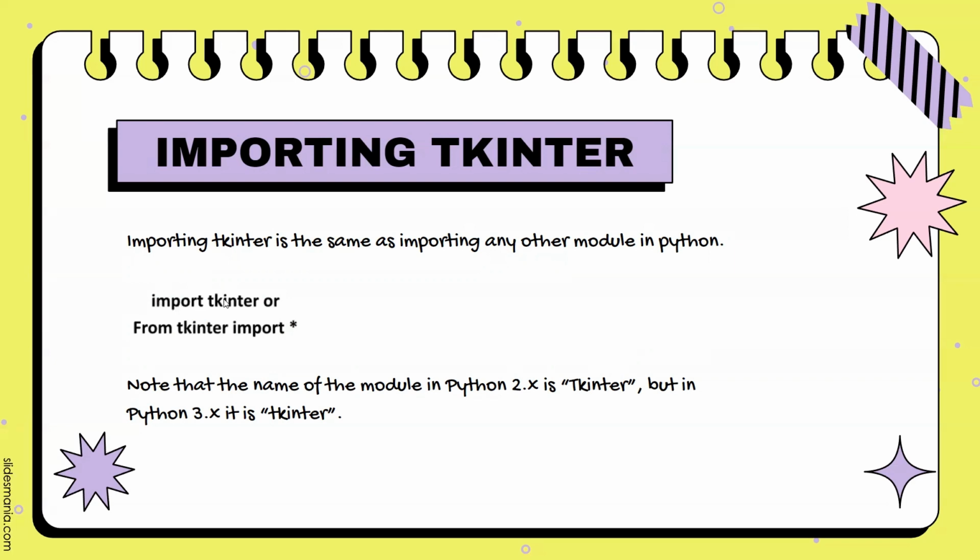You would just put import Tkinter, or from Tkinter import asterisk, which is all. Note that the name of the module in Python 2.x is Tkinter with a capital T, but in Python 3.x it is tkinter with a lowercase t. So nowadays, if you're using Tkinter, you would put lowercase t. So that is importing Tkinter.